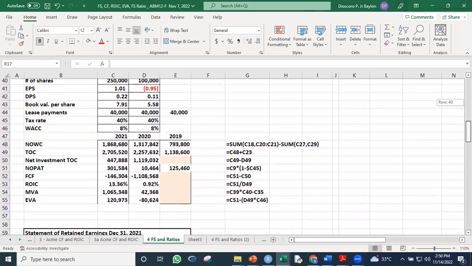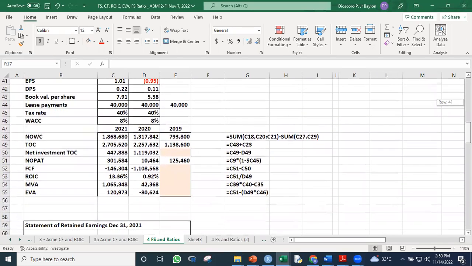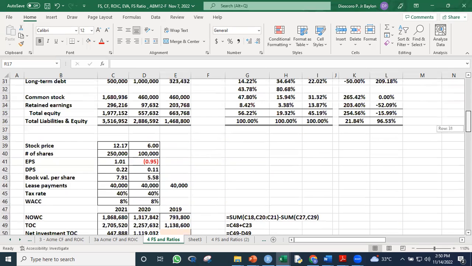Okay, so last time we also computed the net operating working capital and the total operating capital, and we saw that in terms of ROIC or EVA, the company was able to create value for the shareholders, basing it on the weighted average cost of capital.